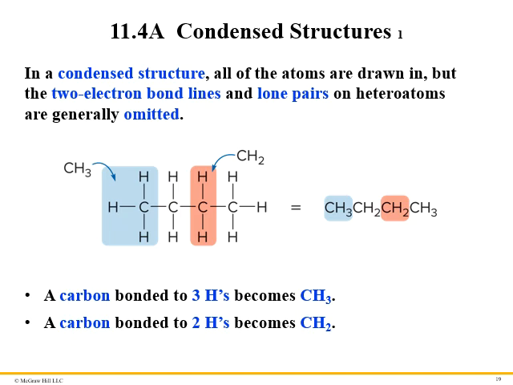In a condensed structure, all of the atoms are drawn in, but the 2 electron bond lines and lone pairs on heteroatoms are generally omitted. In other words, a lot of these systems assume that you have some background knowledge and that you're able to piece it together.